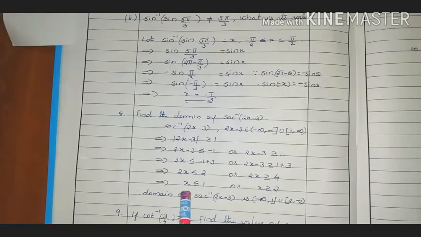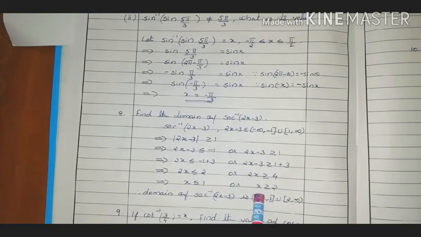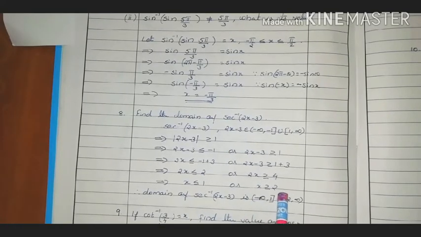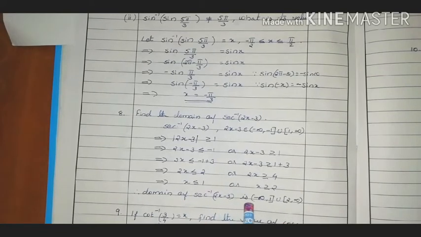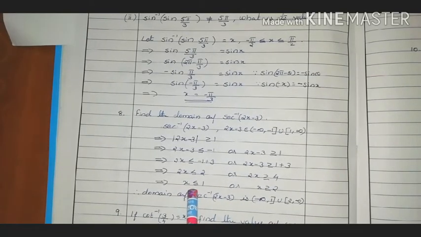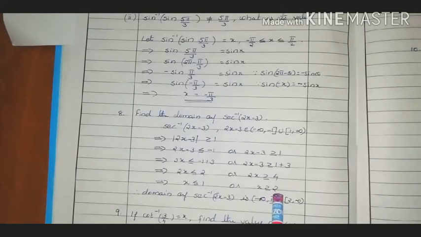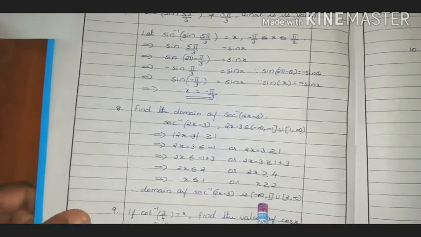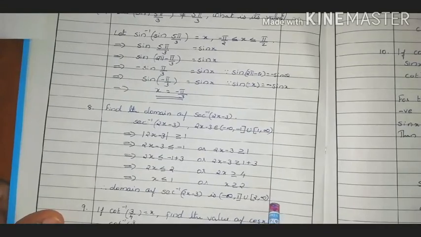Then you will get x less than or equal to 1, x greater than or equal to 2. Therefore, the domain of sec inverse 2x minus 3 is all the values less than or equal to 1 and all the values greater than or equal to 2. That we can write as minus infinity to closed 1 union closed 2 to infinity.